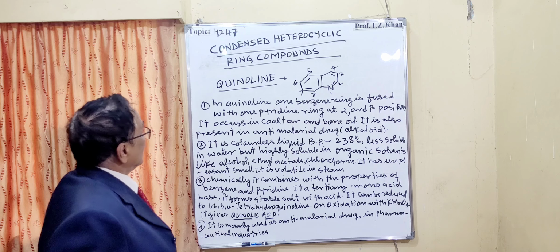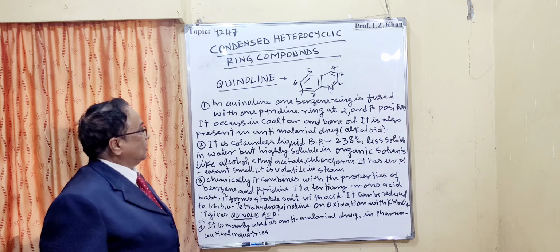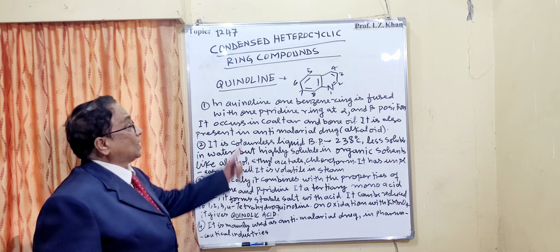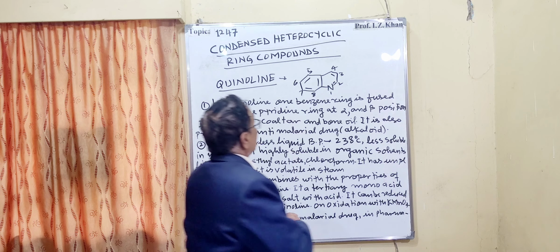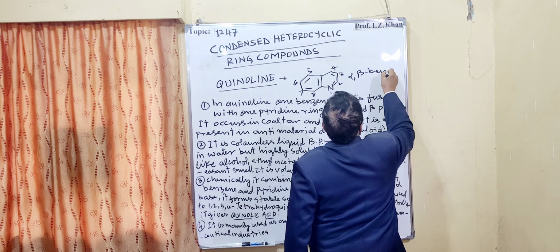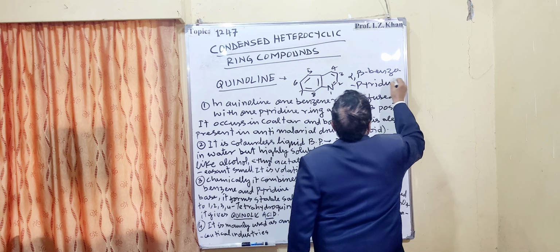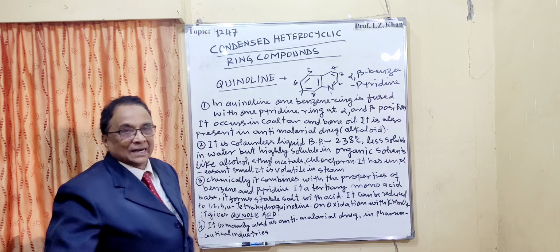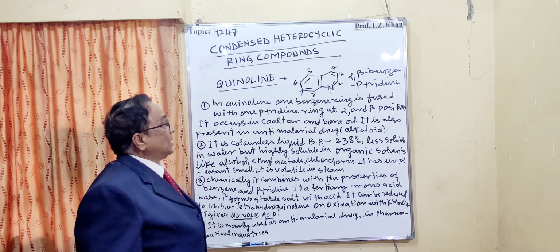So number one, quinoline. In quinoline, one benzene ring is fused with one pyridine ring at alpha and beta position. That's why it is also called alpha beta benzopyridine, because at the alpha beta position benzene is condensed with pyridine, and it occurs in coal tar and bone oil.